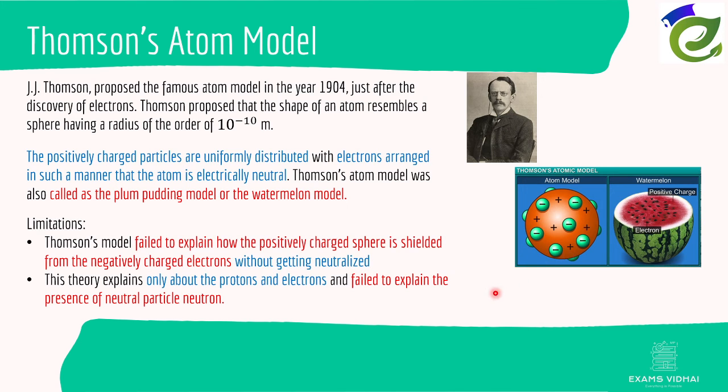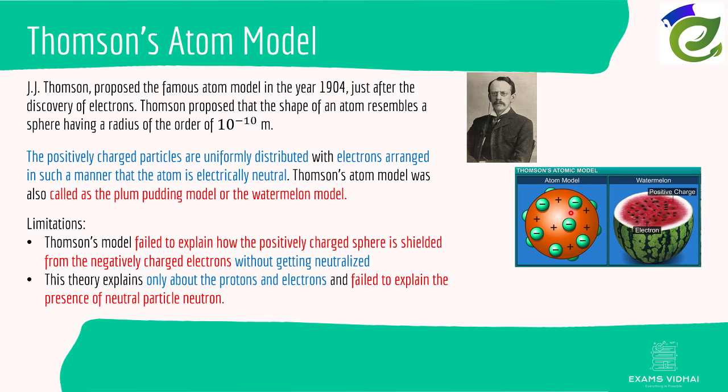But the drawback of J.J. Thomson's atomic model is that he failed to mention why the positive and negative charged particles are not interacting with each other. For your quick information, when you have a positive and a negative charge together, they attract each other and combine to form a neutral charge. Here you can clearly see the positive charge, the red part, is in contact with the gray part, and even though it's in contact, it's not getting neutralized.